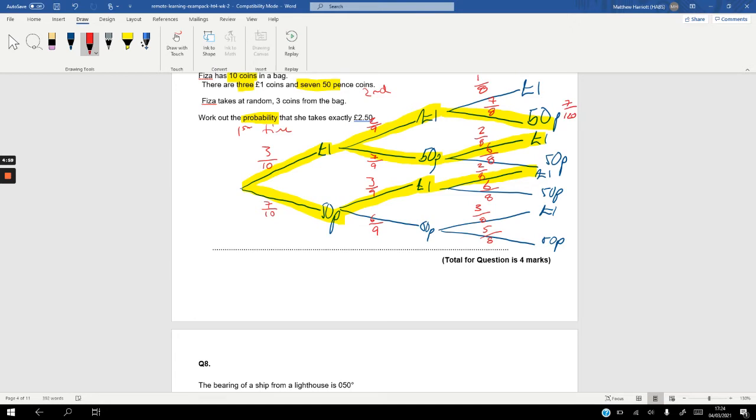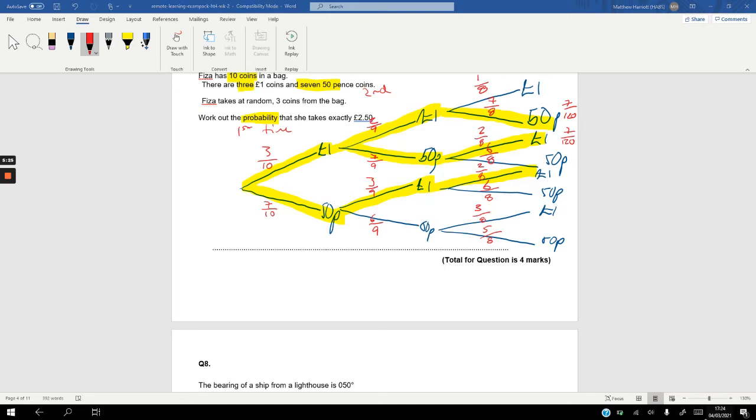I will then do 3 over 10 times 7 over 9 times 2 over 8, and this will be 7 over 120. Down here as well, I've got 7 over 10, 3 over 9, and 2 over 8.